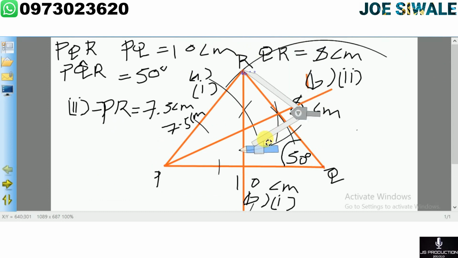So I'll draw my locus of points below. So this means I've drawn my locus of points, and this is question B Roman numeral 3. So I'll label that as question B Roman numeral 3. Let us proceed.